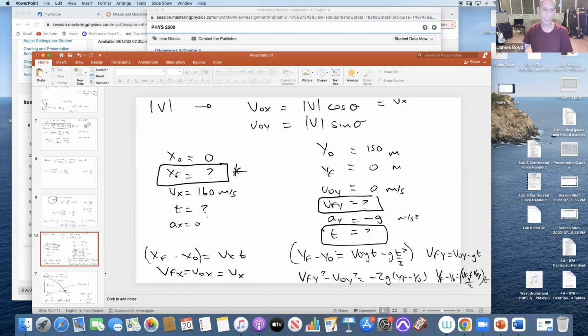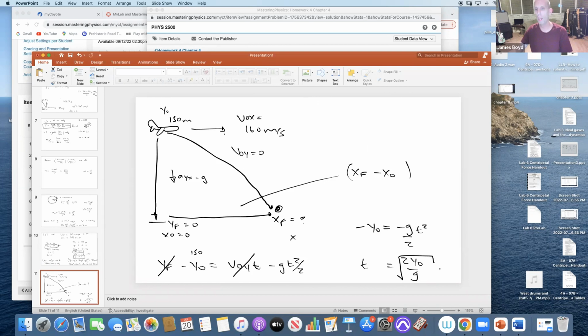The negative signs cancel. Y0 is 150. g is 9.8. So 2 times 150 divided by 9.8, and then take the square root of that, and I get 5.532, don't round yet, seconds.